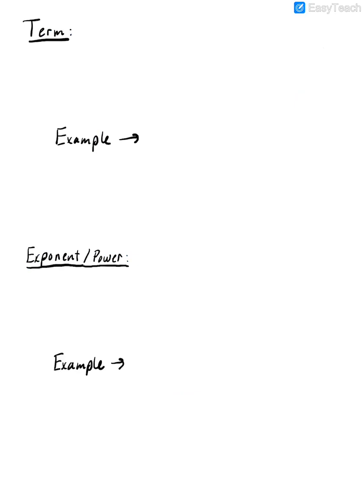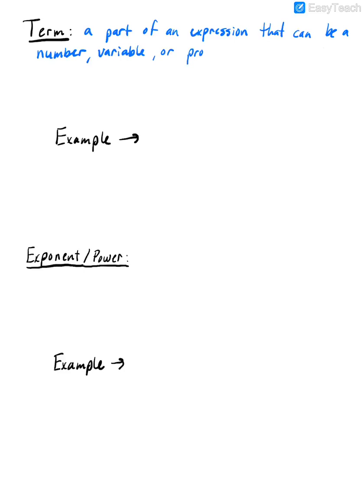So the next word is a term. A term is a part of an expression that can be a number, variable, or product or quotient of a number and variable.